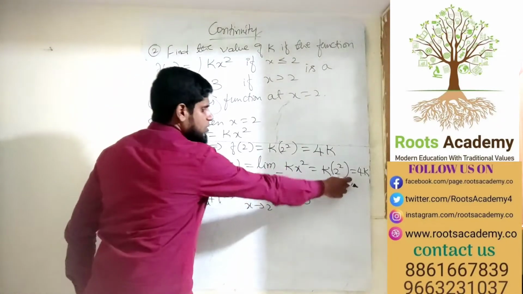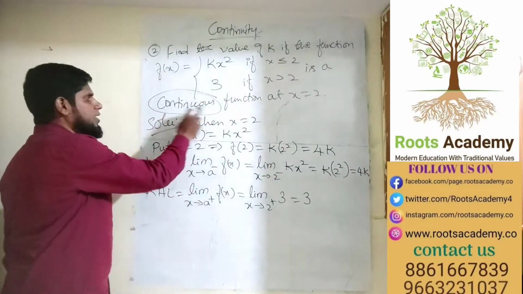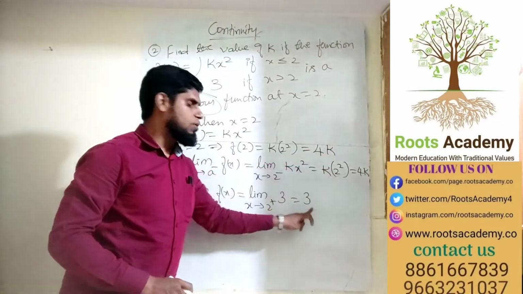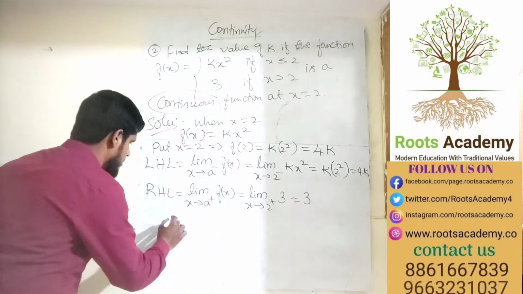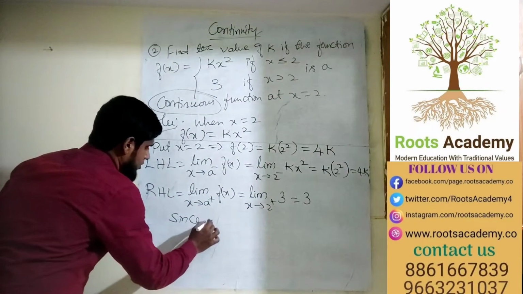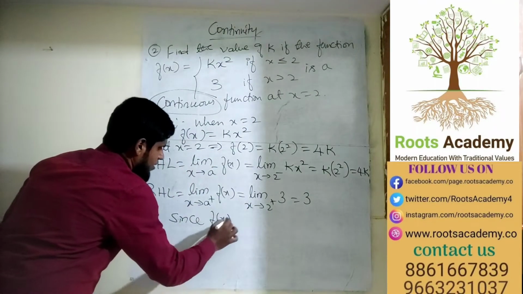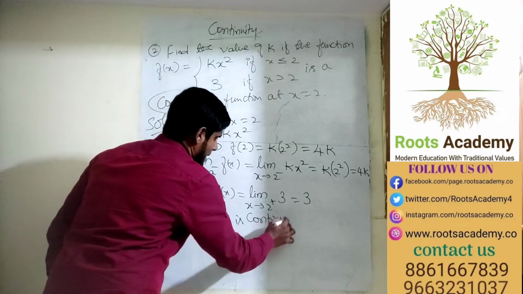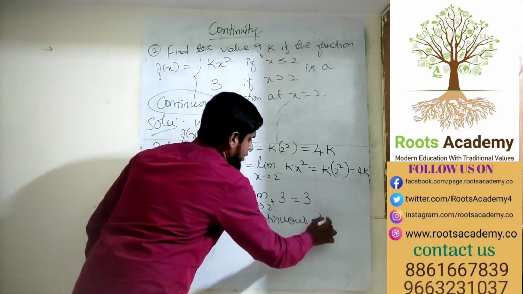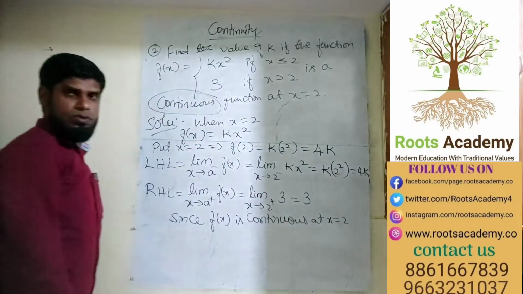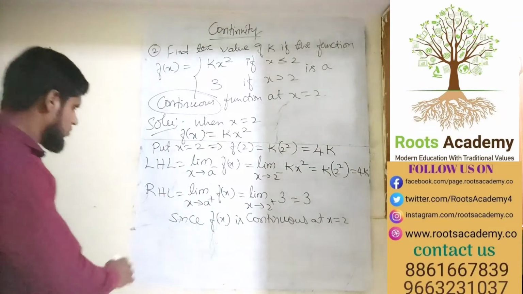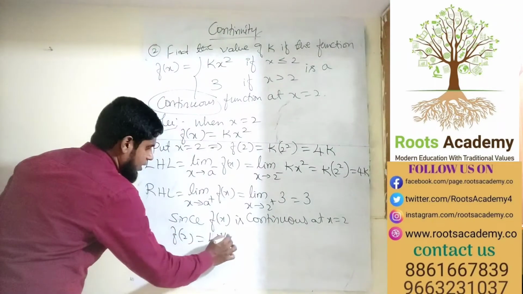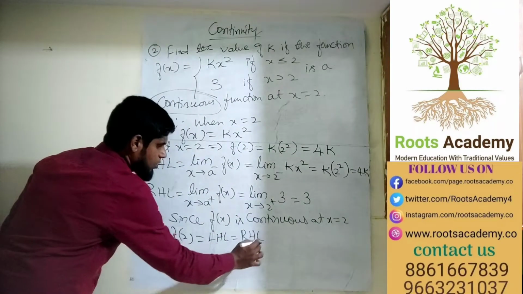Student, here the values are different, but he declared that it is a continuous function. So we will consider all these 3 values are equal. Since f of x is continuous at x equal to 2, f of 2 is equal to the left hand limit is equal to the right hand limit.